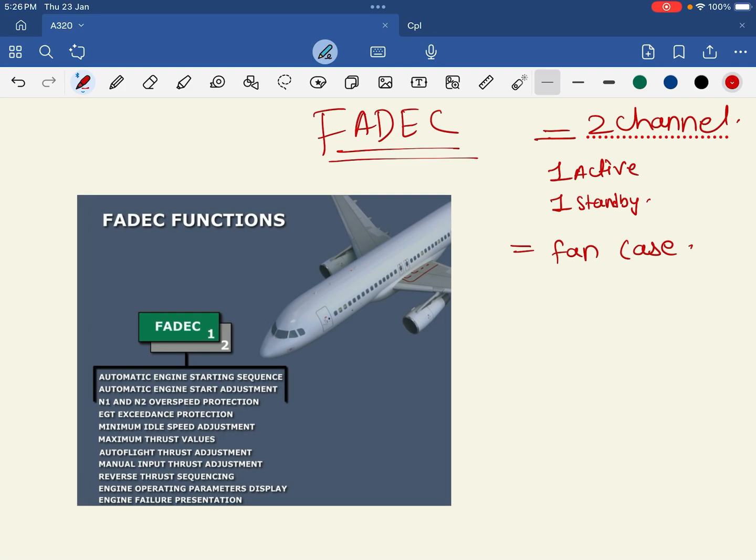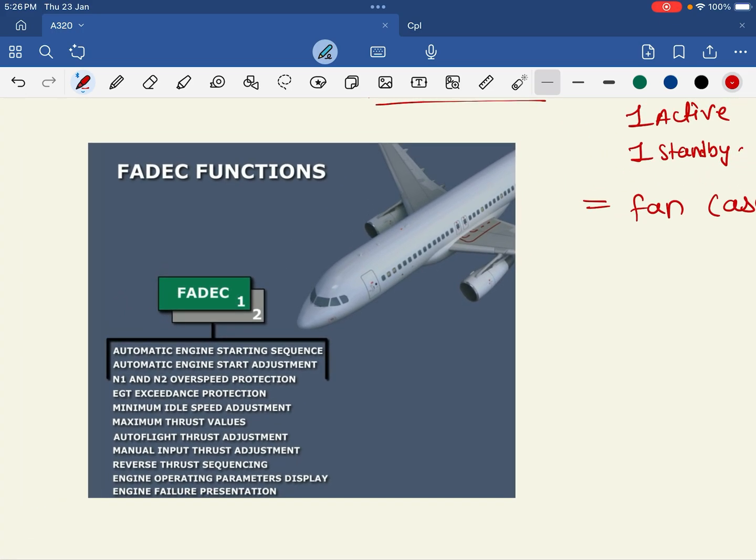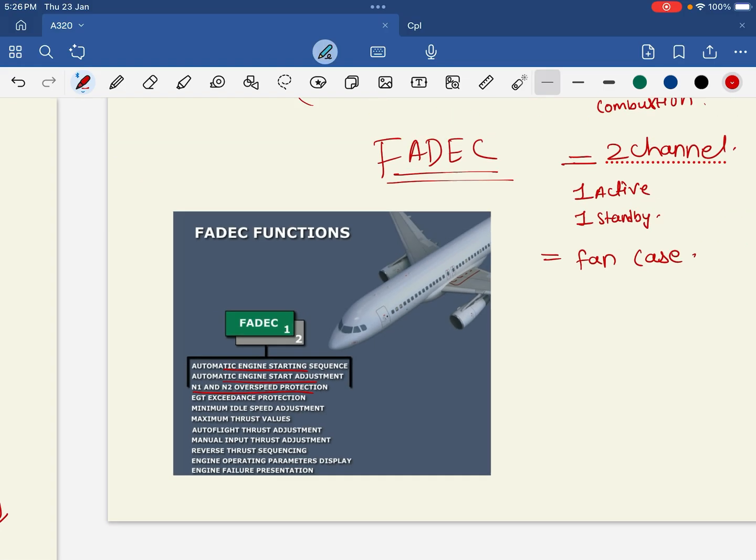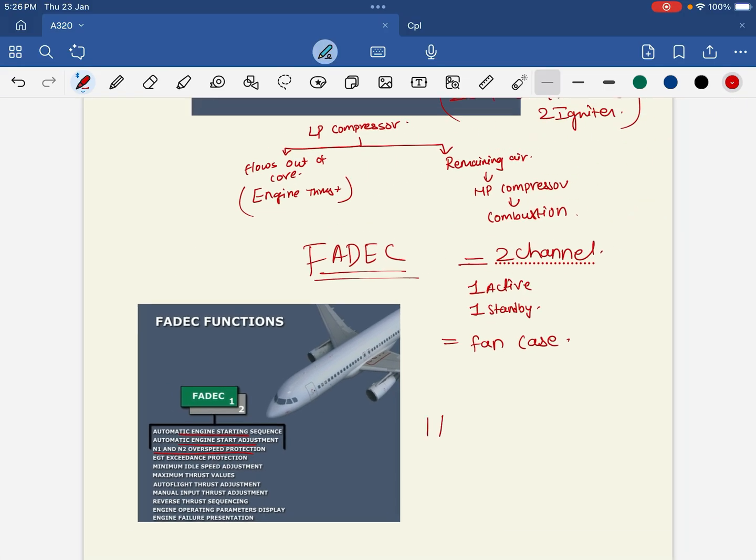Now let's see the functions of FADEC. Functions are automatic engine starting sequence, automatic engine start adjustment, N1 and N2 overspeed protection. Now what are N1 and N2? N1 is the rotation of the fan and N2 is the rotation of the high pressure compressor.